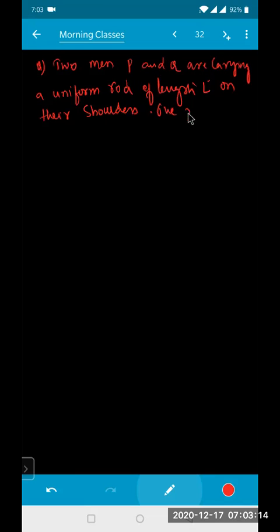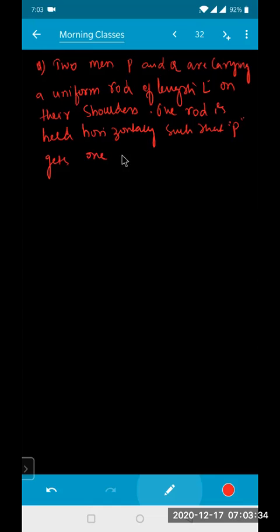First of all, the rod is held horizontally such that P gets 1/3 of the load.